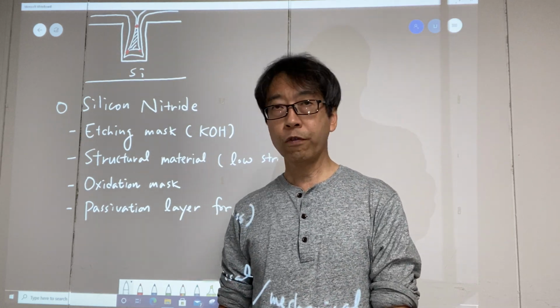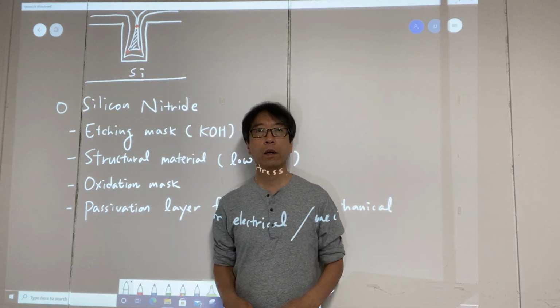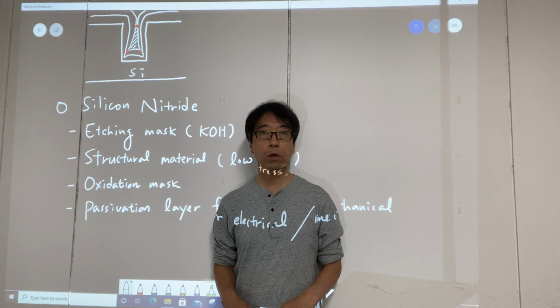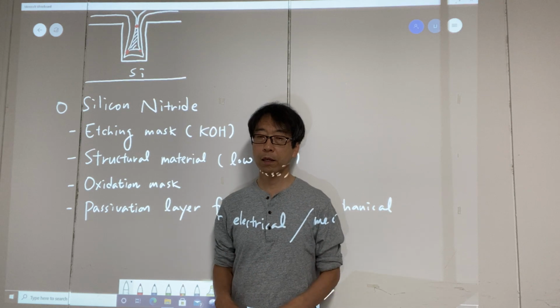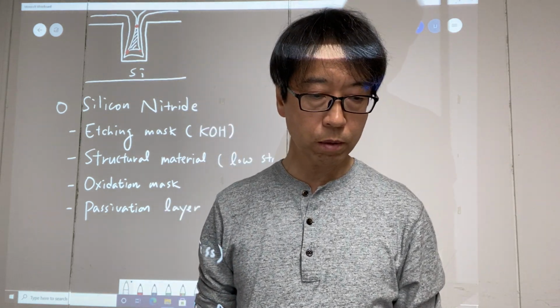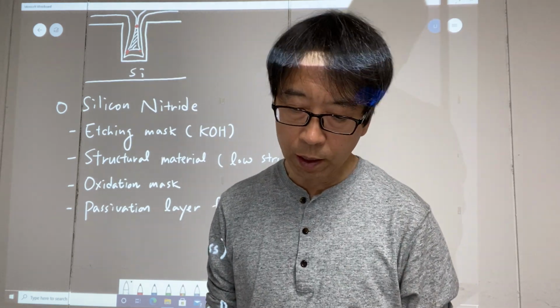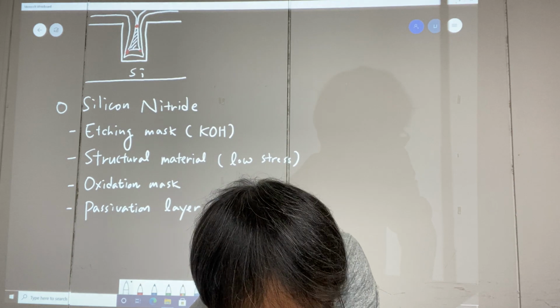So the first micromotor that was invented at Berkeley in the early 80s actually used silicon nitride as the sort of lubricating layer. It's a very low friction. That's really nice.